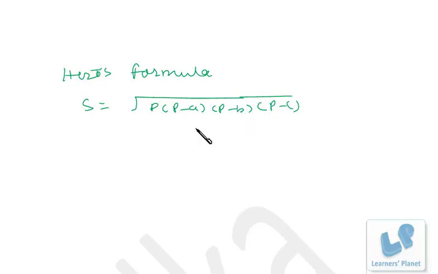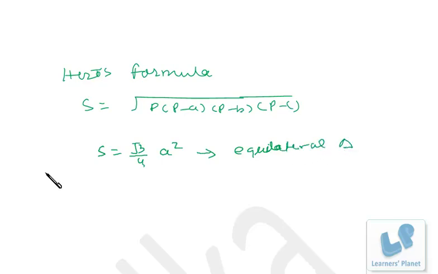Now, in the case when a, b and c are equal, that means the triangle is equilateral. In that case, area will be root 3 by 4 a square. a is the side of that triangle, right? If you put a is equal to b is equal to c as a, you'll be getting this expression. Okay, so that is the area of the triangle when all the three sides are equal.